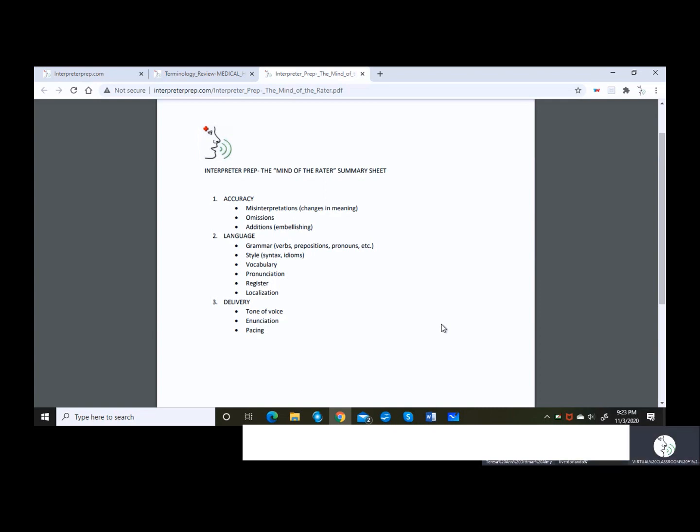But if you know an idiom in the other language, then you can use it, and that would be the best. But I just don't want you to freak out on your exam. Oh, I don't know every idiom, because you never will. But if I know the idiom, great. If I don't, I'll at least try to interpret the meaning of that.